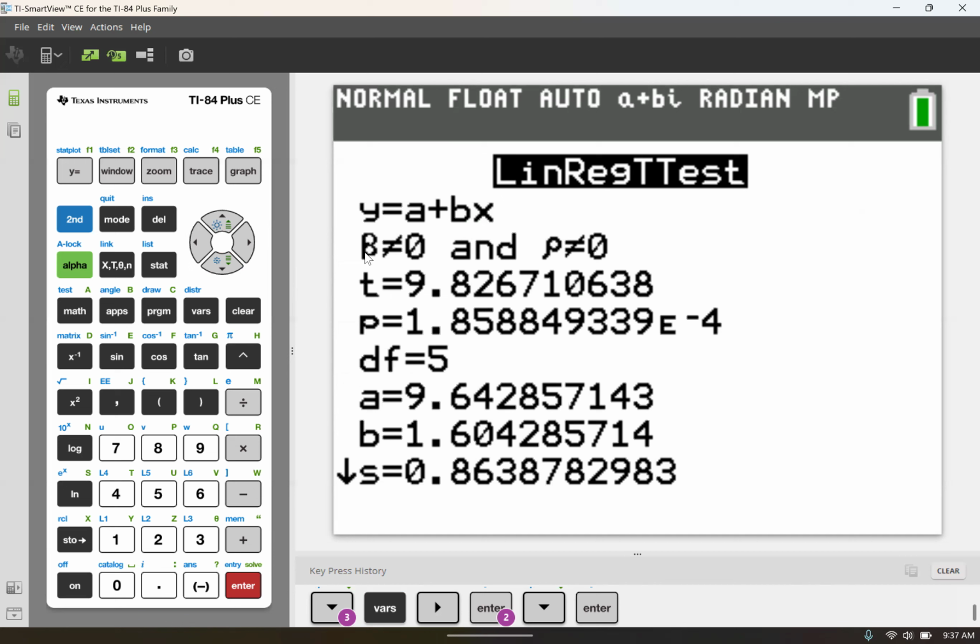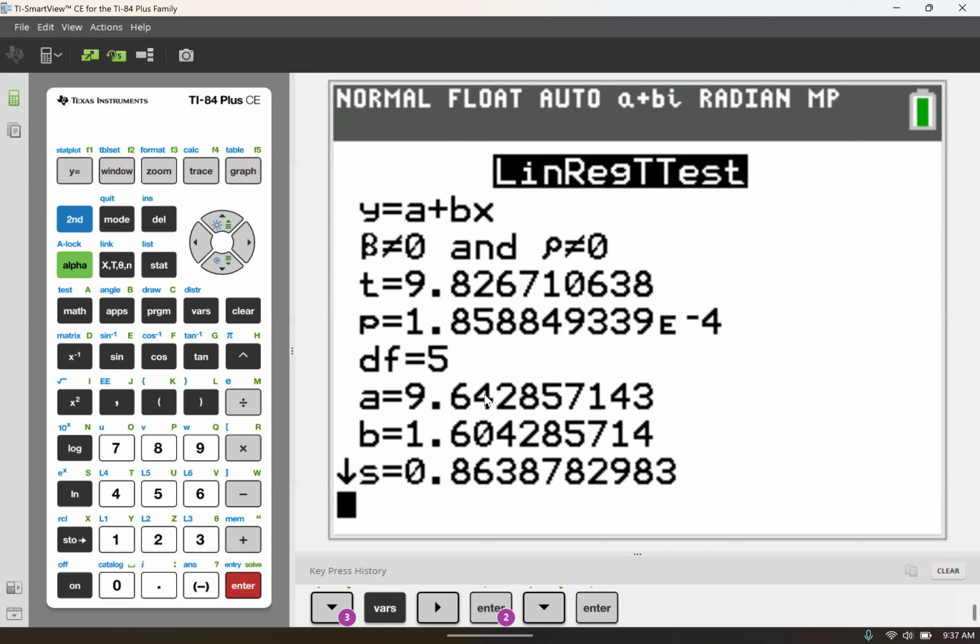All right, so the first number they give you in the equation is a, which is the y-intercept, and that is 9.64 to 2 decimal places. And the second number we need is b, which is the slope of the line. It's the coefficient on the x term, and to 2 decimal places that is 1.60.